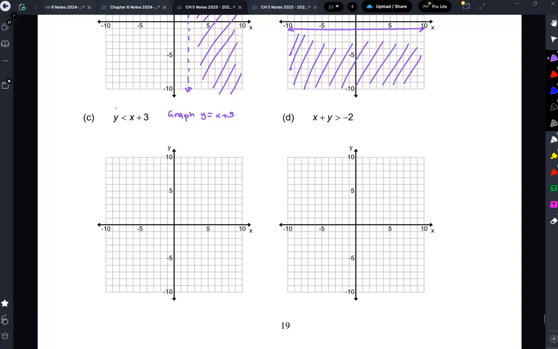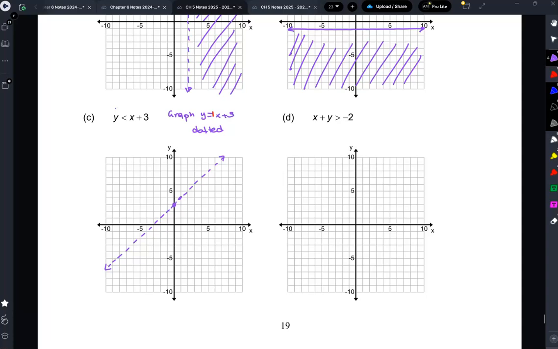And this is going to be like your y equals mx plus b. So we go to the y-intercept, which is 3. And then the slope is 1, right? So that means I'm going to go up 1 over 1. And this is going to be a dotted line, right? So I do a dotted line. You can still use a ruler to do dotted lines.